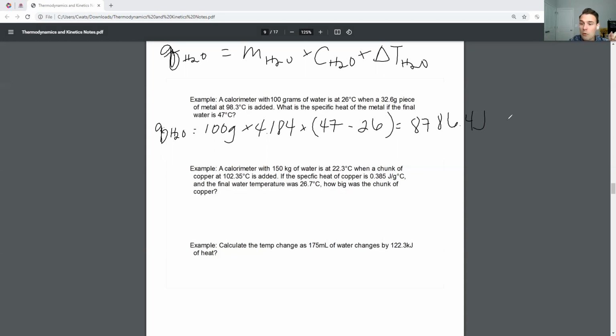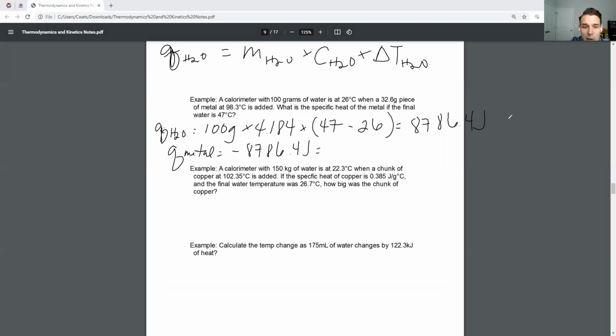Okay. So if that's what the water absorbed, the metal gave off that much. Whatever the water absorbed, the metal gave off. So the number is the same, it's just the sign that is different.